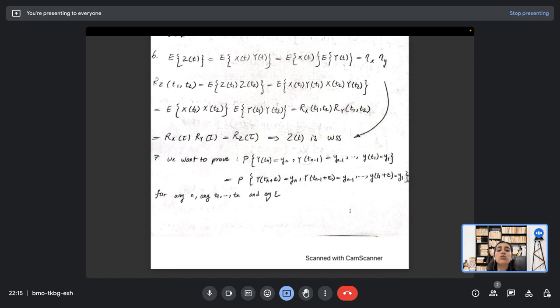If these two joint distributions are equal to each other, then we can prove that our stochastic process is SSS.